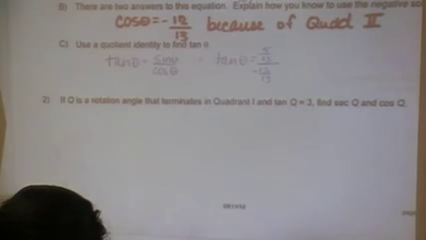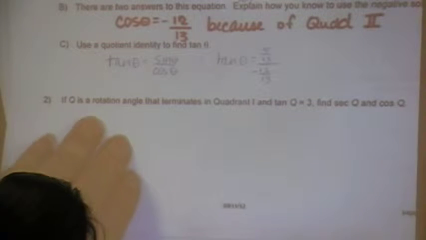So tangent of theta equals 5/13 over negative 12/13. Then you've got to keep, switch, flip. Keep the 5/13, switch it to multiply, flip the 12/13 over, and I get tangent of theta equals negative 5/12.